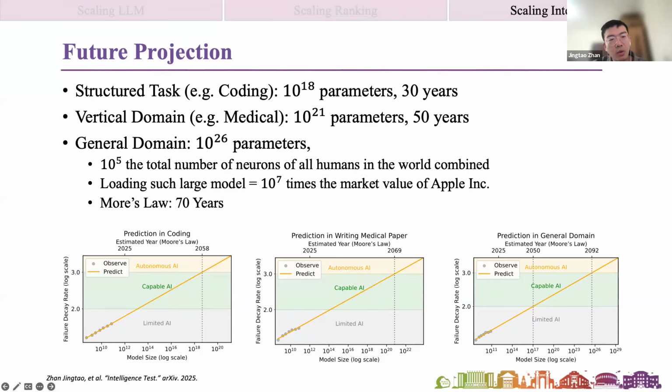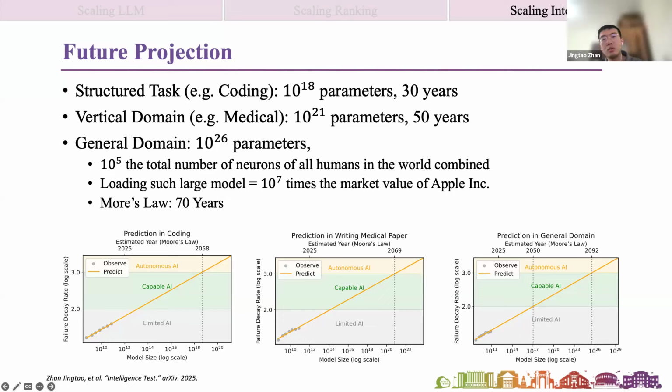For such a large scale, it is almost impossible to reach given the existing hardware. If we compare it to the total number of neurons of all humans in the world combined, it is 10 to the power of 5 times this number.